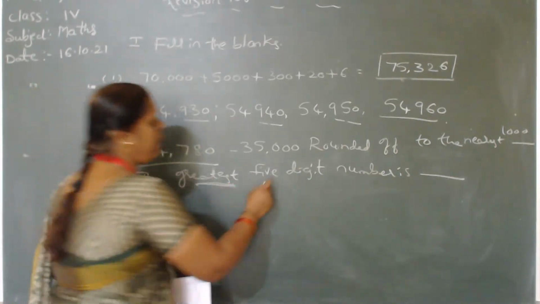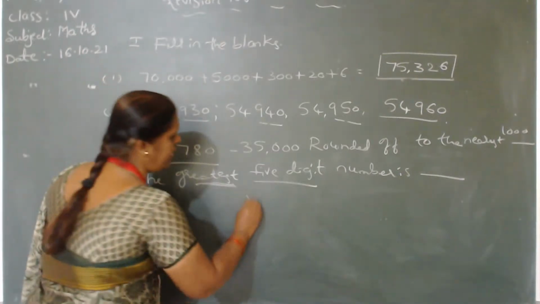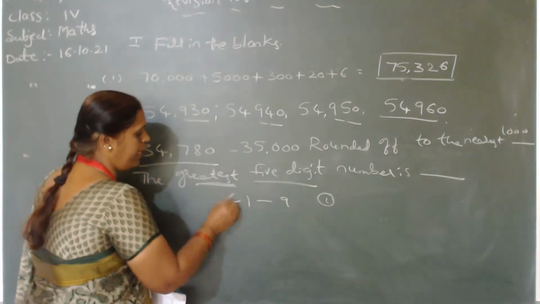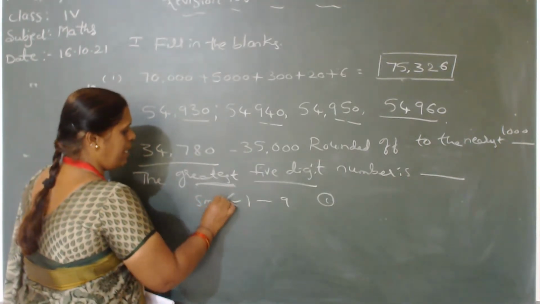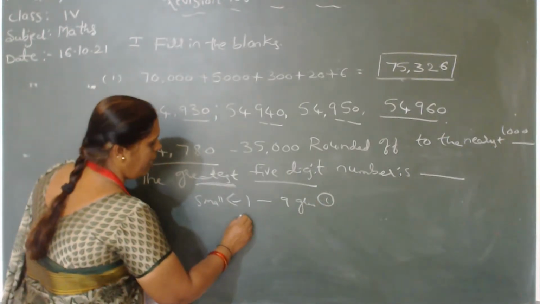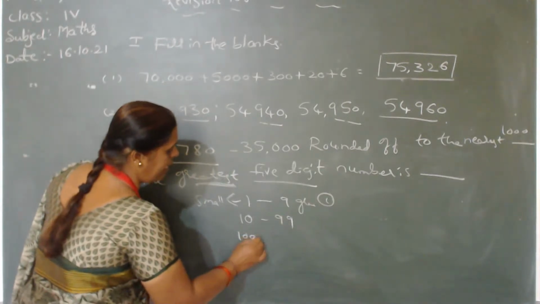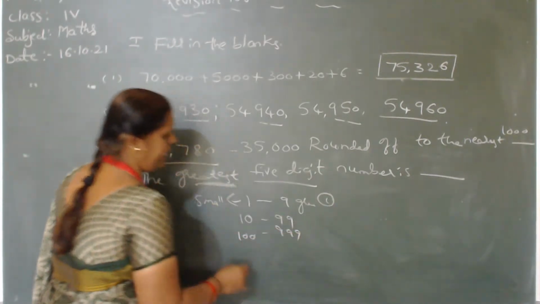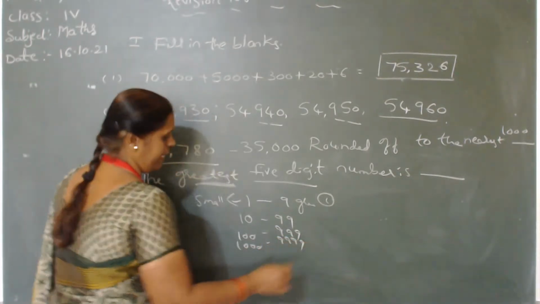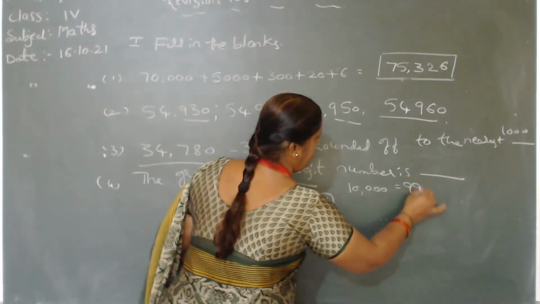Which are the greatest and smallest? You have learned 1-digit numbers, 1 to 9: 1 is smallest and 9 is greatest. Same way, you have 10 and 99, 100 and 999, 1,000 and 9,999, then 10,000 and 9.